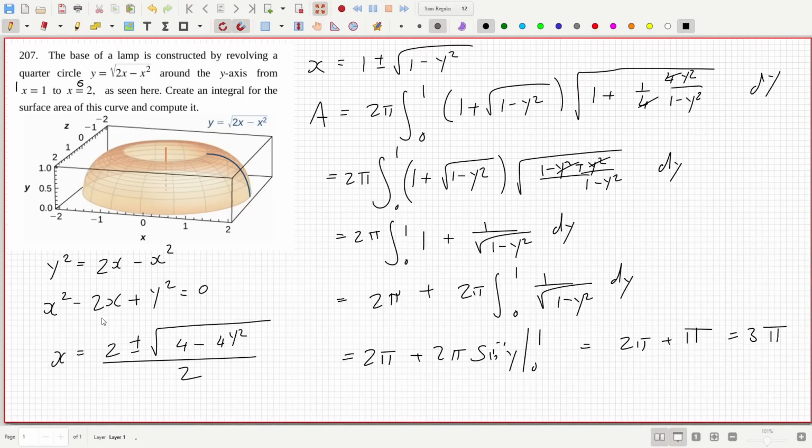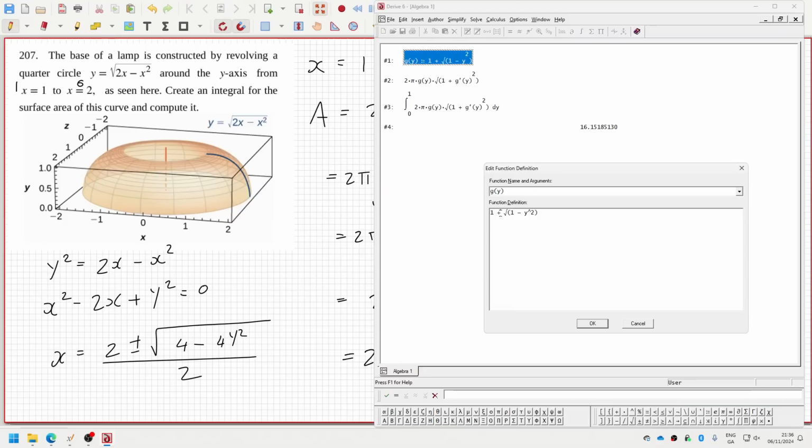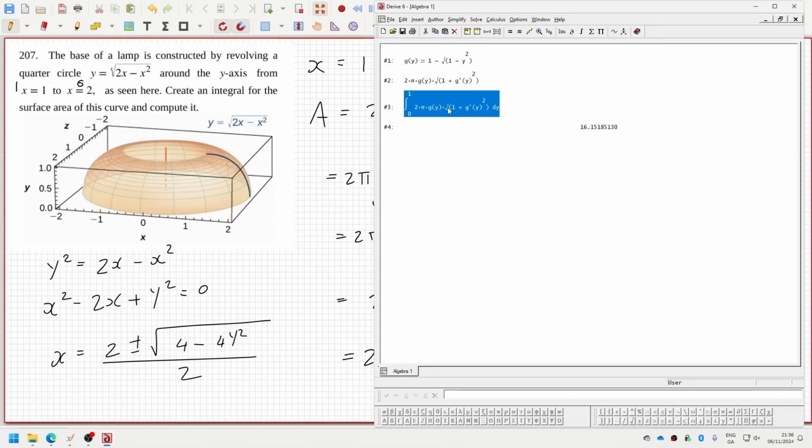Yeah, no, that's right. 2, 1. Okay, let me see if I change this to minus, what happens. No. Weird. Why is that so different?